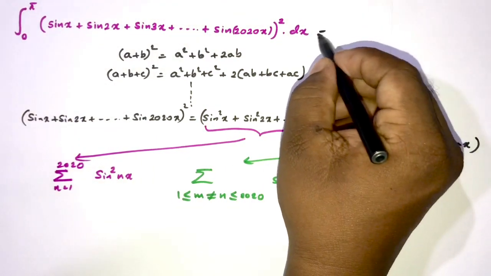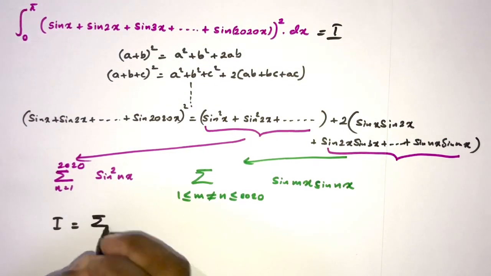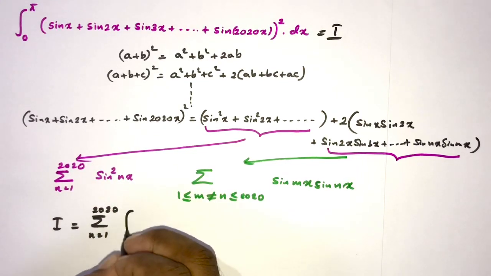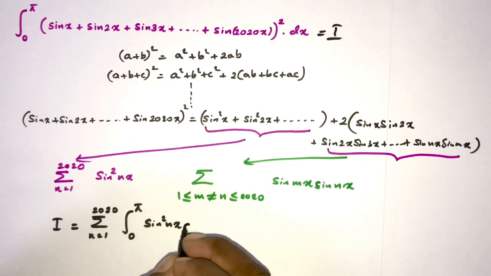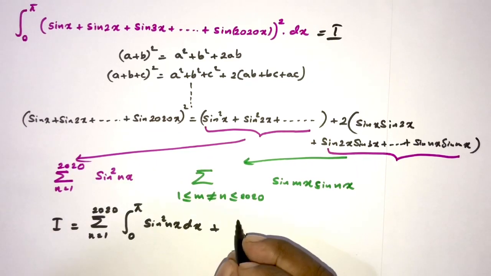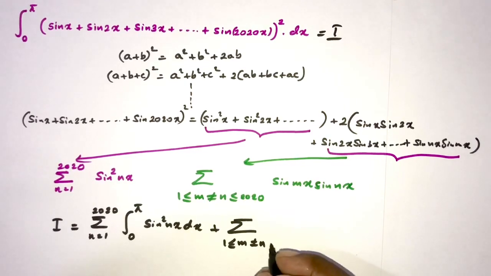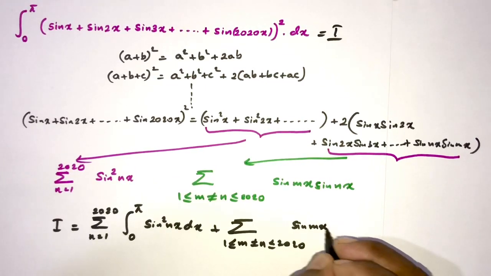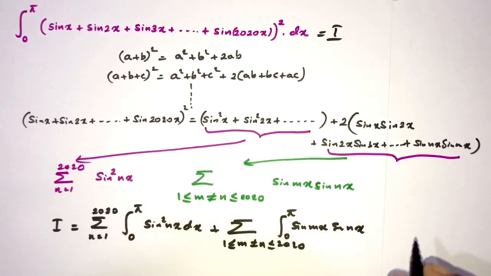Then we should integrate. If we call our integral I, we can write I is equal to the sum of n equals 1 to 20 of the integral from 0 to pi of sine squared of nx dx, plus the sum over 1 less than or equal to m, not equal to n, less than or equal to 20, of the integral from 0 to pi of sine of mx sine of nx dx.